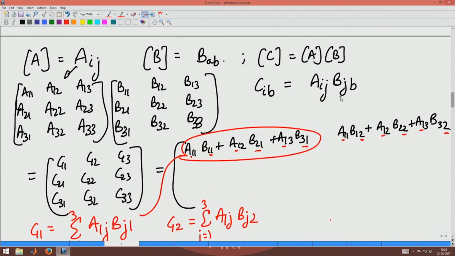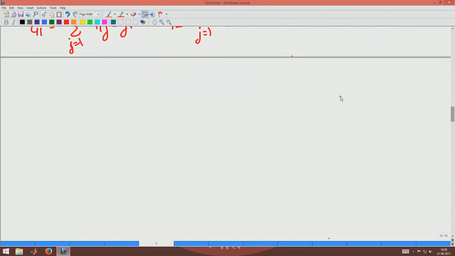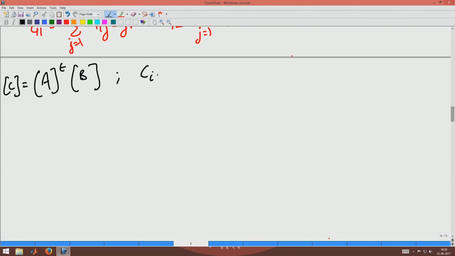Okay. So, let us now continue to see how I will write the following multiplication. I want to do A transpose B is the C matrix. So, how will I write Cib is the question. I know that A is written as Aij and this B matrix is written as Bab.